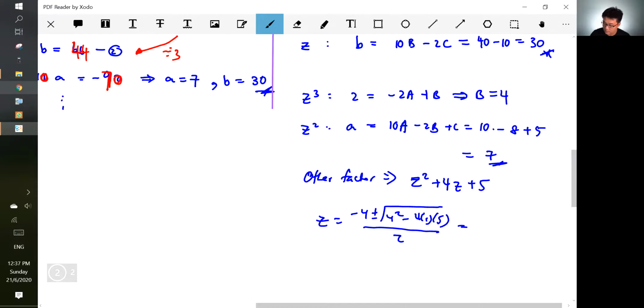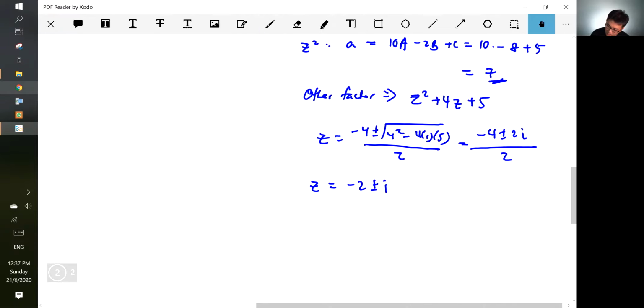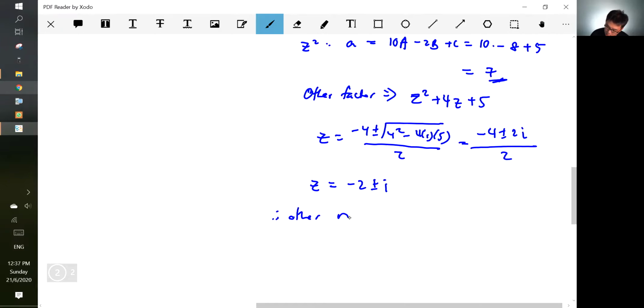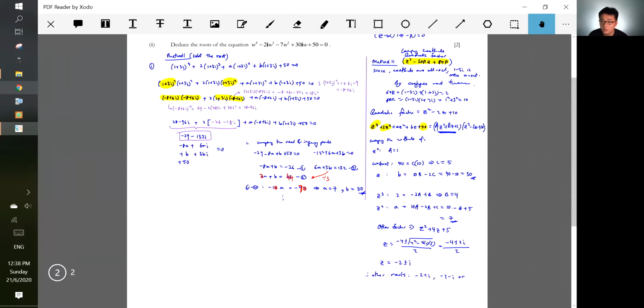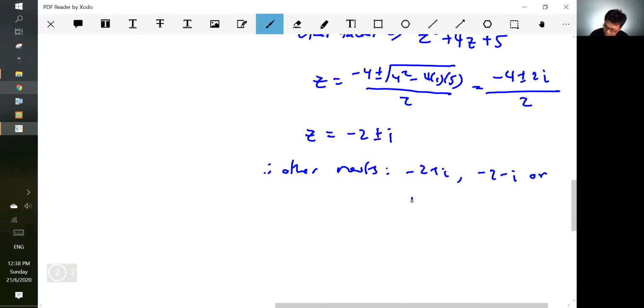So 16 minus 20 will be minus 4. So this is plus minus 2i over 2, minus 2 plus minus i. Hence other root. Oh, the other root is what? 1 minus 3i.